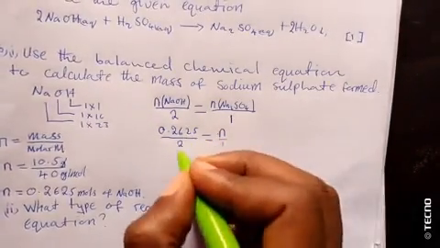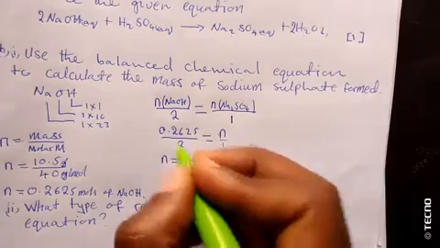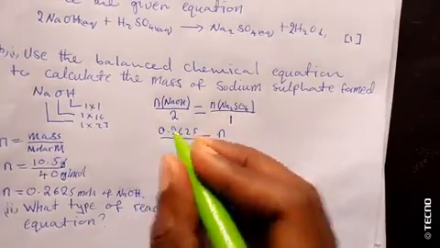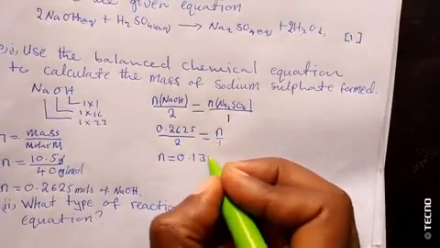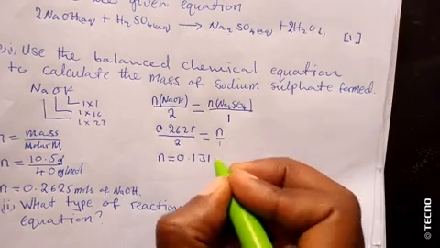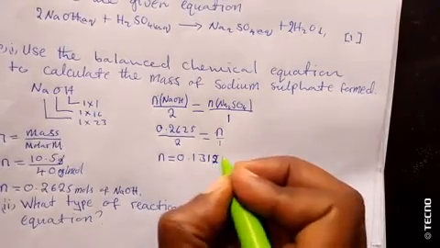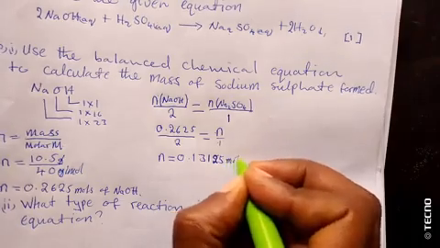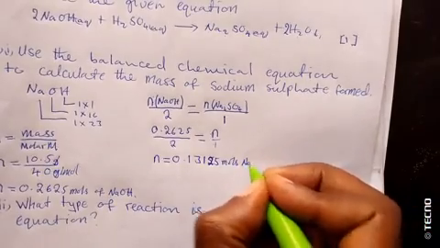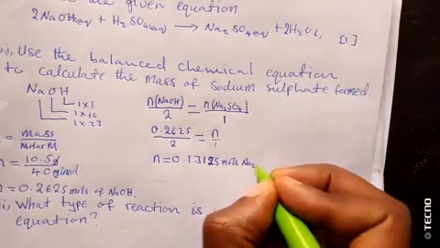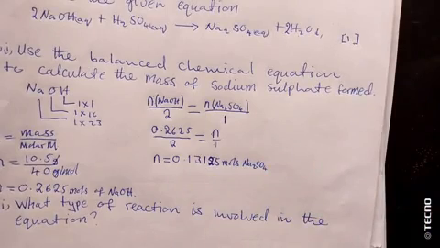Then you multiply this and this, and then you divide by that. It's going to be N is equal to 0.13125 moles of sodium sulfate. So this is the mole of sodium sulfate.